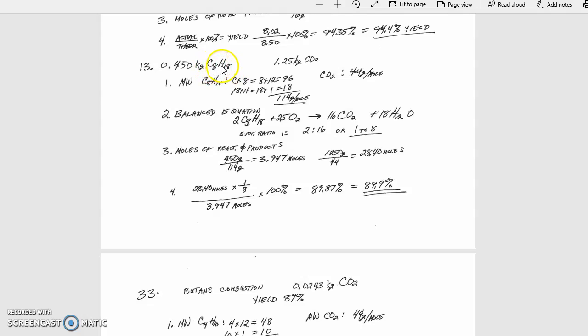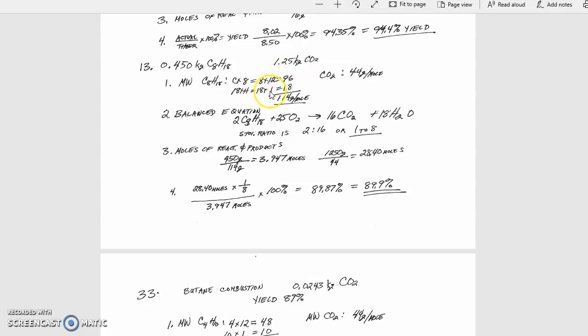So if you did not know what pentane was, you had ample opportunity to look up what pentane was in terms of a chemical formula of C8H18, so that you could then determine what its molecular weight was, right? 8 carbons times 12 is 96. 18 hydrogens times 1 is 18 for a total of 114 grams per mole. And this is still 44. And you're going to get 1.25 kilograms of this.